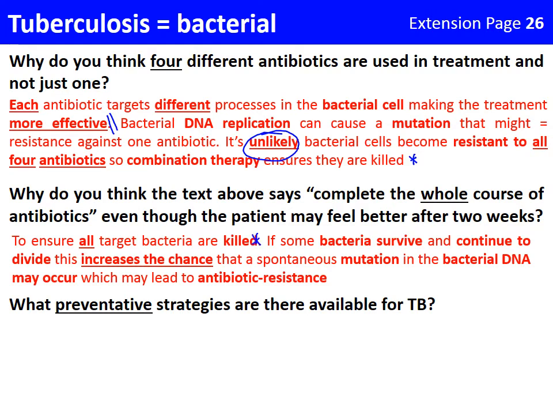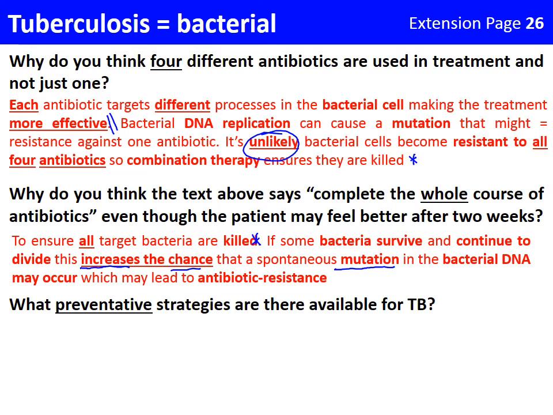Now, if some bacteria survive and continue to divide, obviously, A, it's not going to get rid of the infecting pathogenic bacteria, but B, if they do survive and keep dividing for a continued length of time, it does increase the chance that those spontaneous mutations may arise.